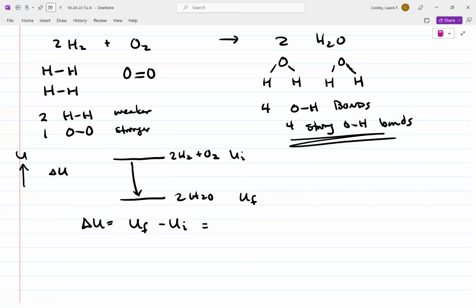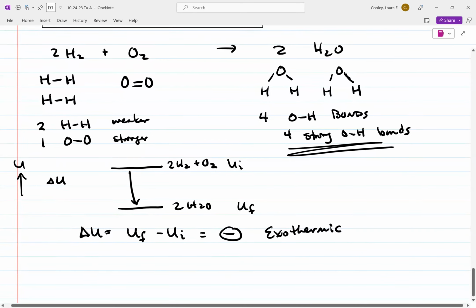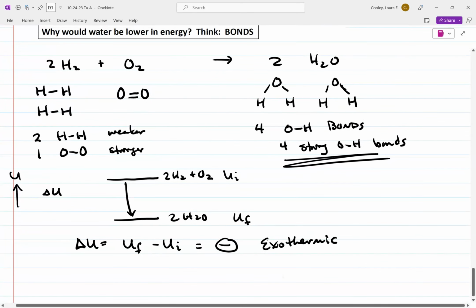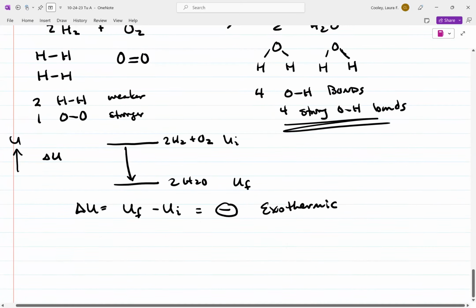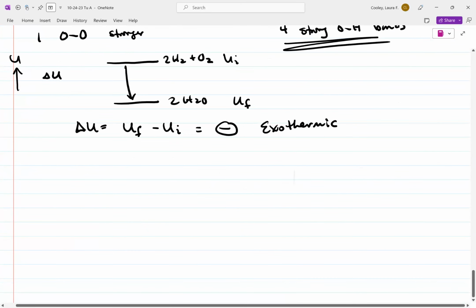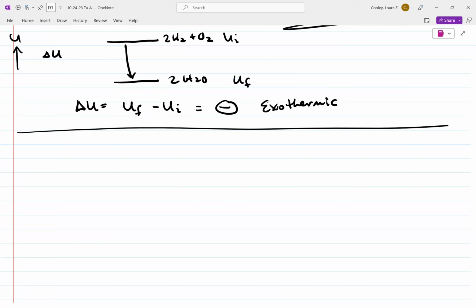You subtract a higher number from a smaller number, it's going to be negative, which we call, as I've said, exothermic. So energy is released. Never mind, right? It's 4 H atoms, but it's 2 H2 molecules. That's balanced.